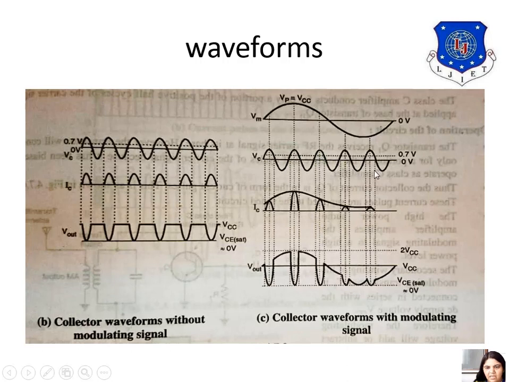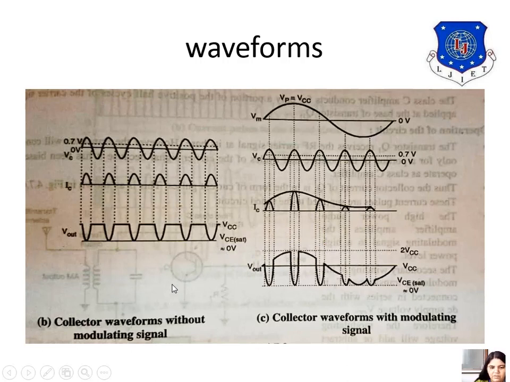Now you can see that as the amplitude of the modulating signal changes, the collector current also changes, and accordingly we get the collector waveforms with the modulating signal. So this is the waveform of the medium power transistor modulator.